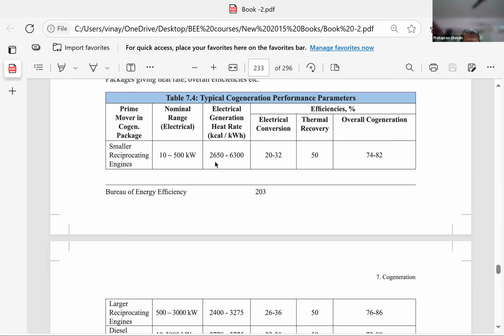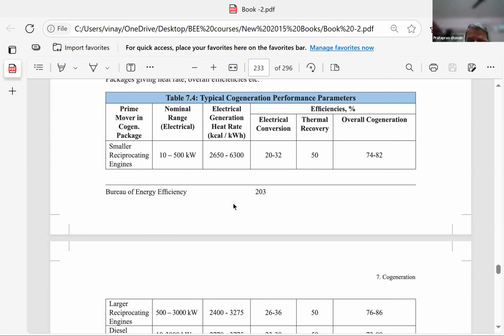Now again I am repeating. 1 unit of electricity is kWh. So you want to generate 1 kWh. Ideally, what is the equivalent of 1 kWh? I said 860.